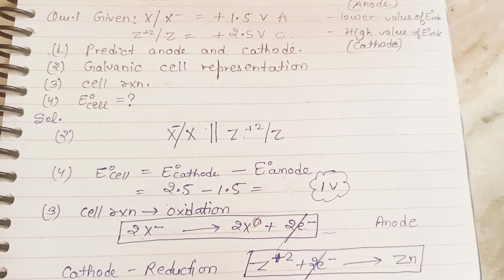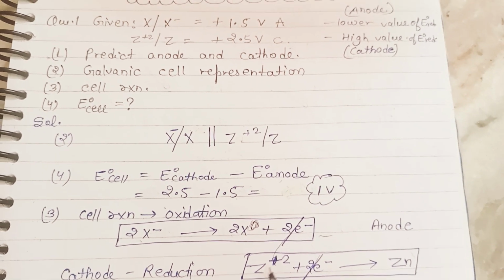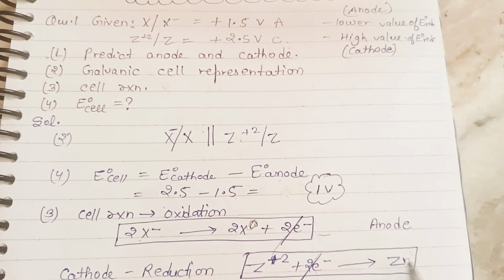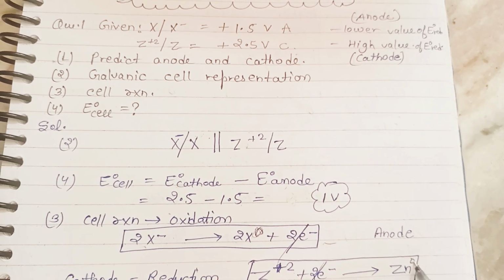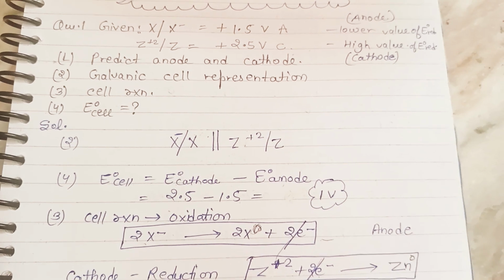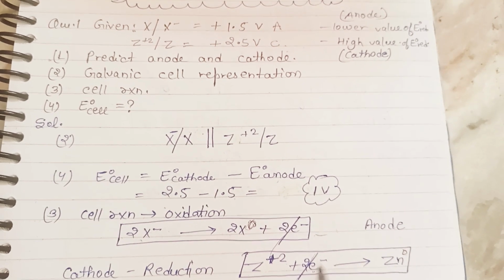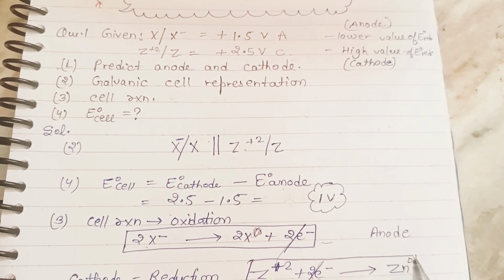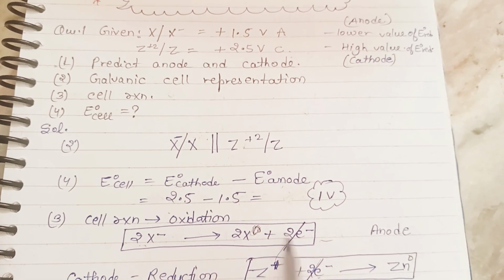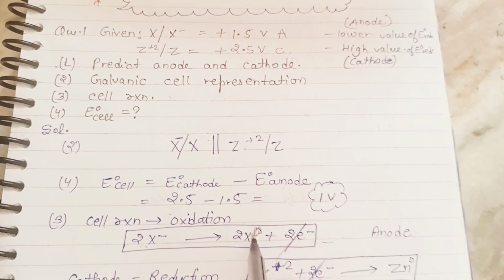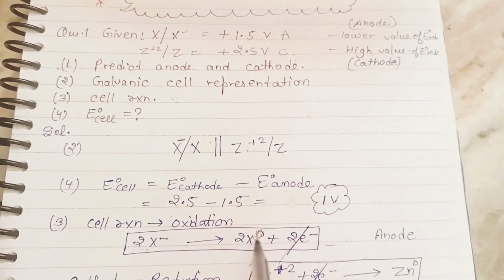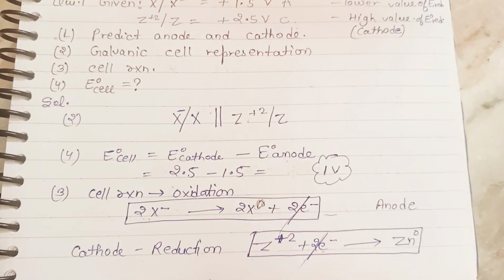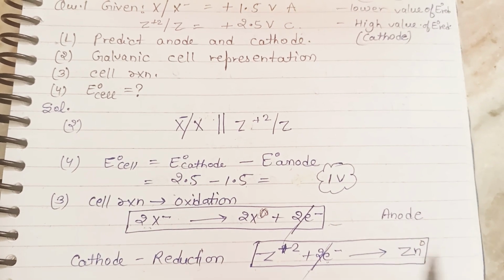At the cathode reaction we have zinc plus 2 electrons, and we get zinc at zero oxidation state. We gain 2 electrons to convert into zinc at zero oxidation state, and here we lose 2 electrons to convert into X at zero oxidation state. So this is the cathode and anode reaction.